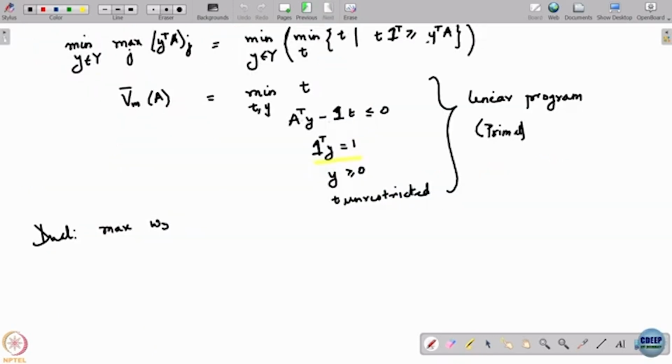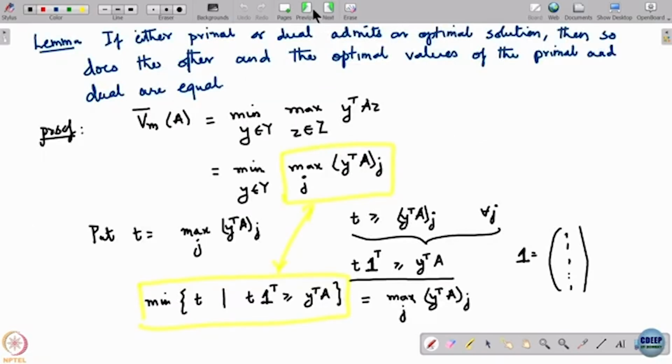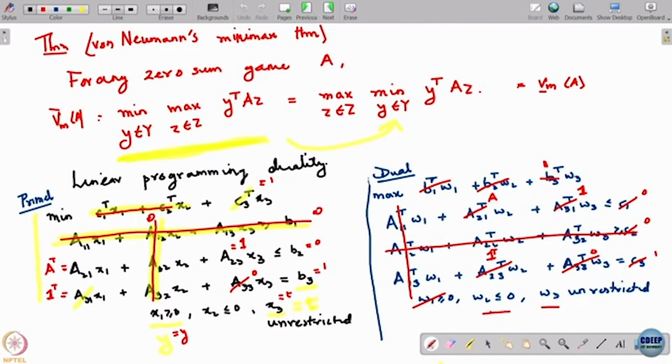Here this was minus 1, since this is minus 1, A23 therefore is also minus 1 transpose.